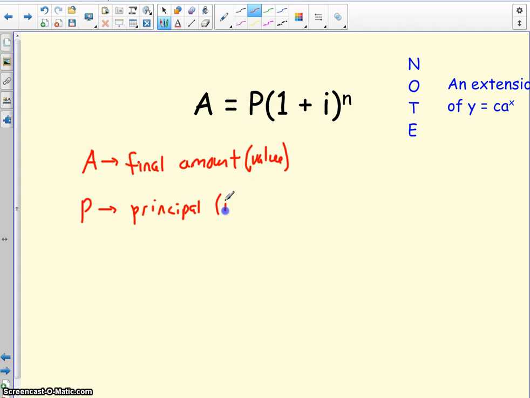So again, that's your initial investment or loan. Now I is going to be your interest rate. But the difference here is it's going to be interest rate per compounding period.